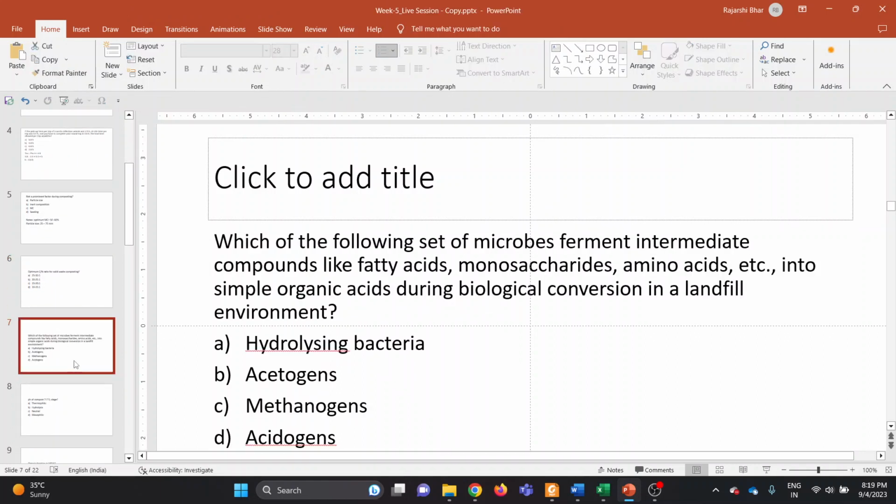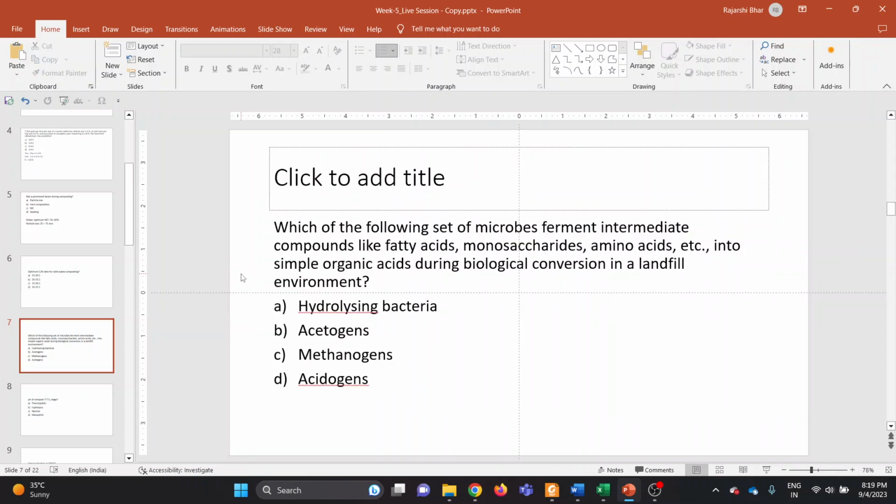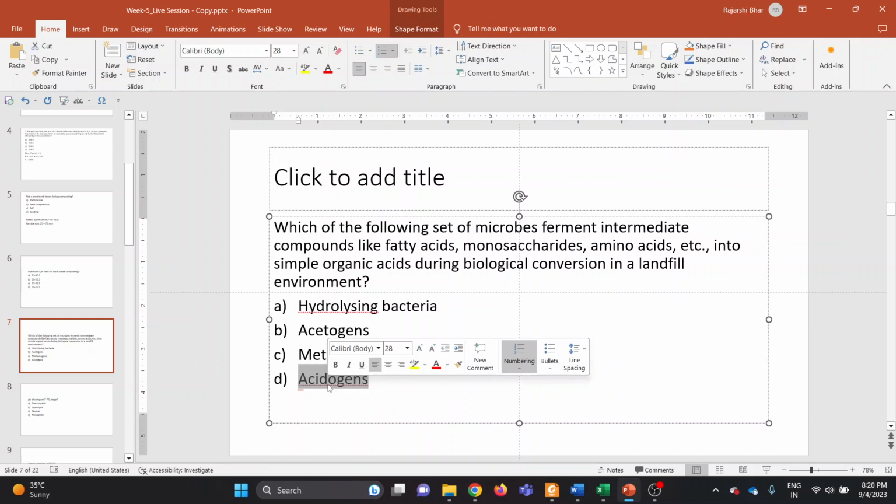After that, in the next question, you have been asked which of the microbes ferment the intermediate compounds into simple organic acids during biological conversion in a landfill. So in a landfill environment, we know there is an anaerobic stage which predominates, and in those anaerobic processes during acidogenesis, the acidogens are active, which convert the intermediates into simple organic compounds.